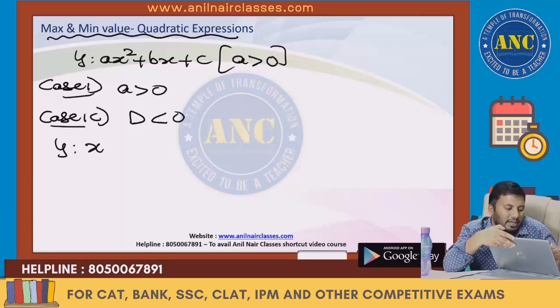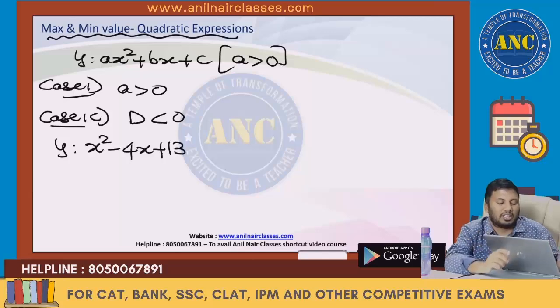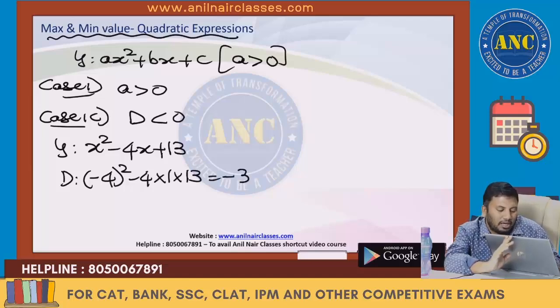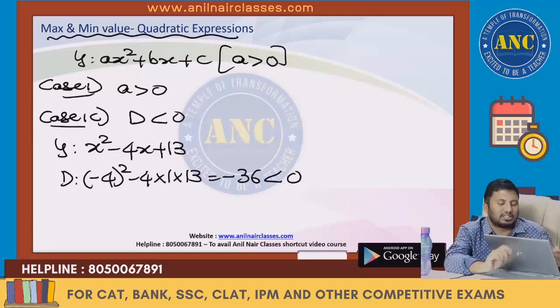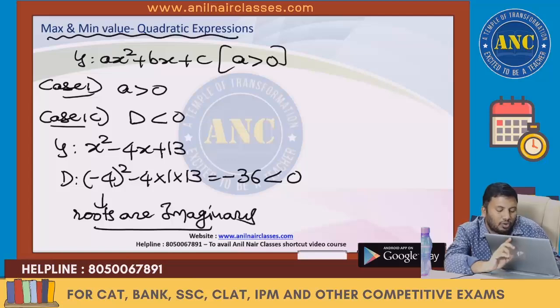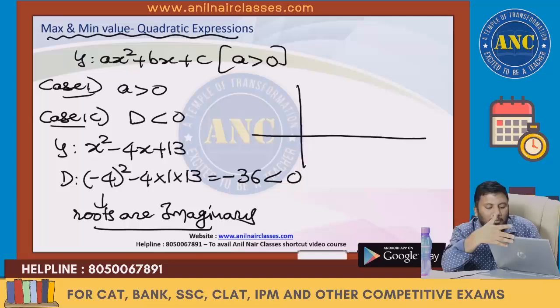If I take the example x square minus 4x plus 13, discriminant is b square minus 4ac, 16 minus 52, minus 36, which is less than 0. D less than 0 means roots are imaginary. Imaginary roots cannot be drawn on a number line.